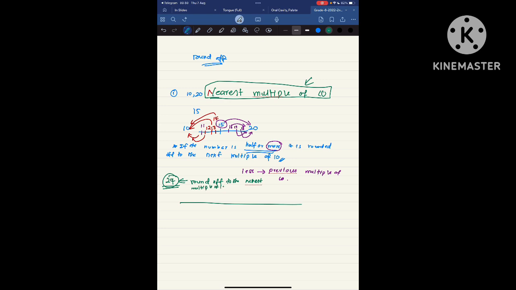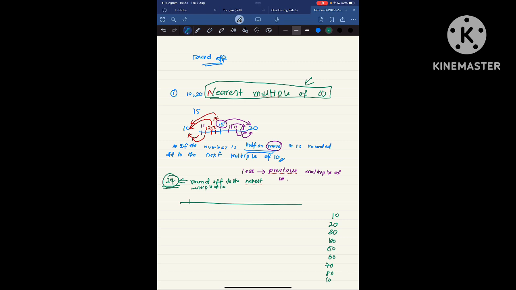Okay, how to do that? 24 is between what two 10 multiples? The multiples of 10 are 10, 20, 30, 40, 50, 60, 70, 80, 90, like that, no? So 24 is between which two multiples of 10?